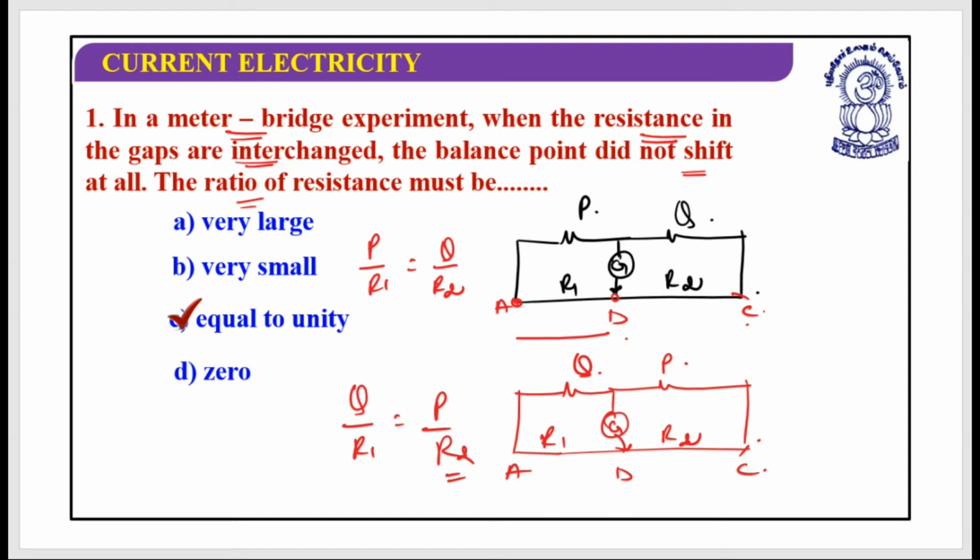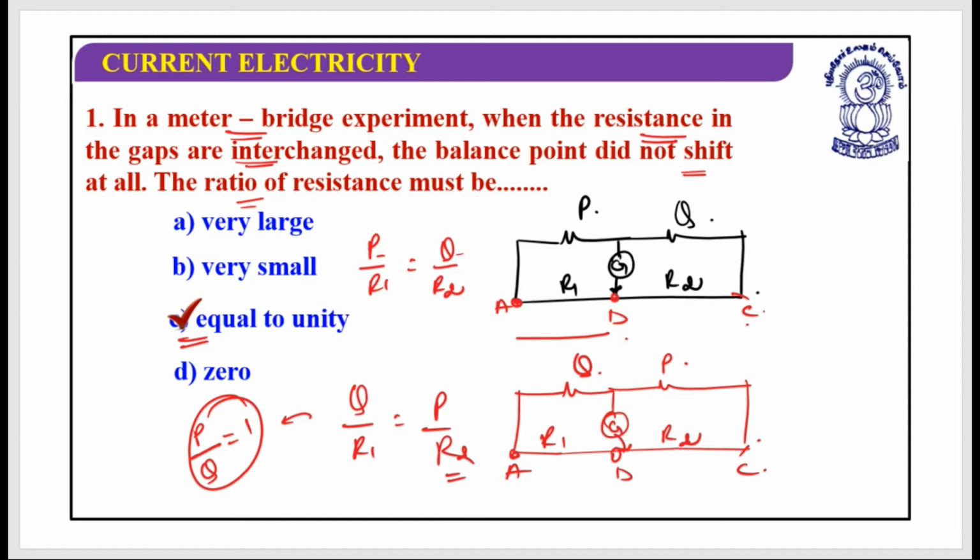If this is the null point, even in this case the null point remains the same. This could be the situation when P and Q are the same, and the ratio of them must be unity. I hope those things are clear.